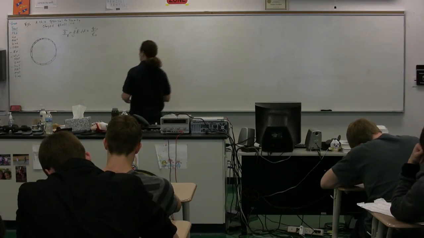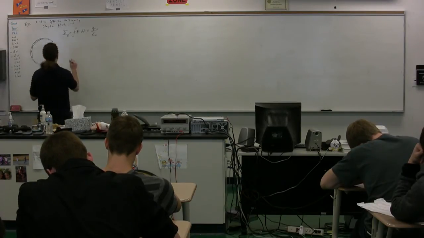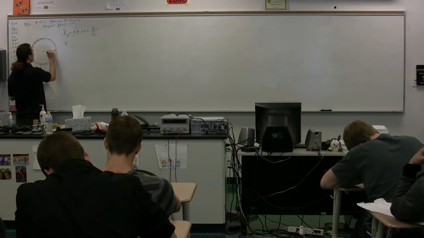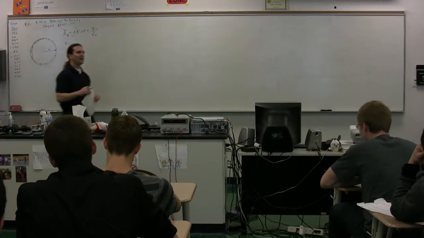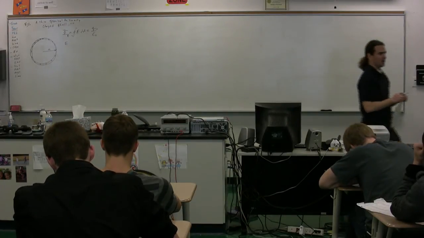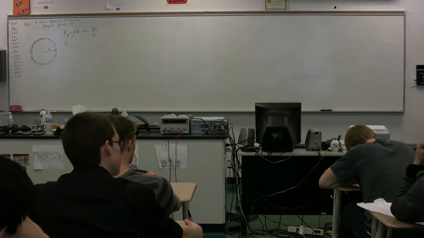Let's start out with the electric field outside. We should give this a radius of A. Does that radius A go to the inside of the thin spherical shell or the outside?